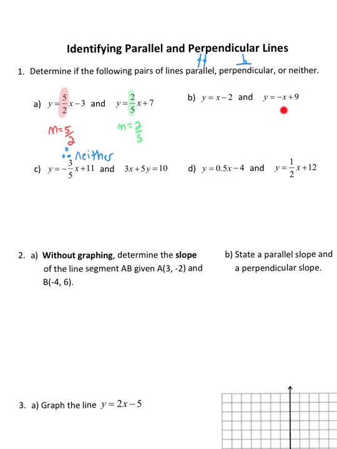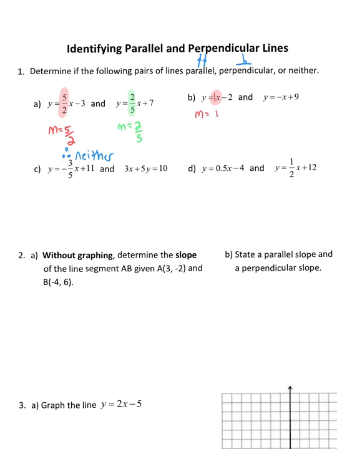Looking at the second pair of equations, again, they're both in the form y equals mx plus b. We're going to identify the slope. So look at the coefficient in front of x. Here, as it's just written as x, we know the coefficient is 1. So we would say that the slope is 1.